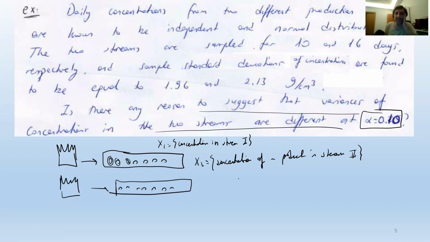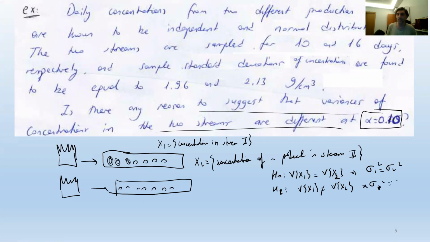So as a null hypothesis, we would like to check whether these two variances are equal to each other, or, as the alternative hypothesis, they are not equal to each other. This is exactly what is asked. Of course, you can also show it that way: sigma 1 squared equals sigma 2 squared, and sigma 1 squared is not equal to sigma 2 squared, the population variances are different from each other.